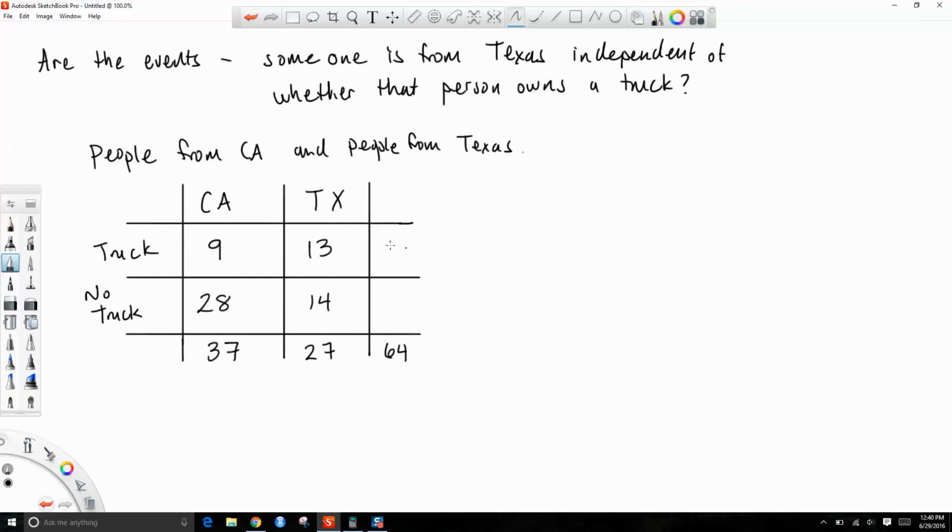Okay, and so we'll say a total of 22 million own trucks and what is this? 42? Did I add that correctly? Just making stuff up here. So then we want to know, is truck ownership independent of what state someone is from? How can we check this?